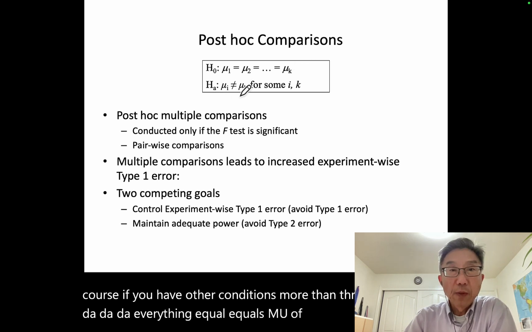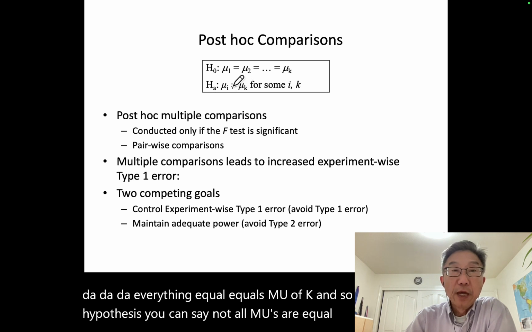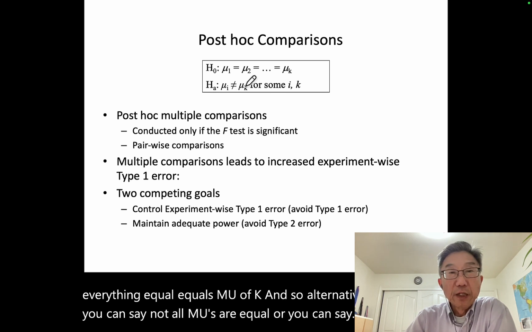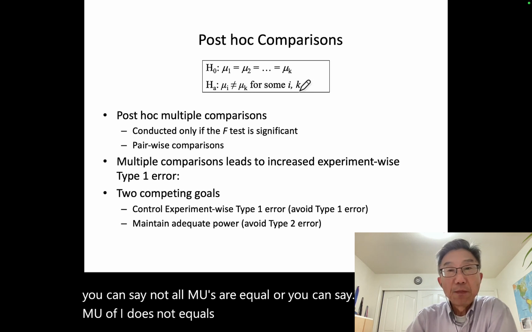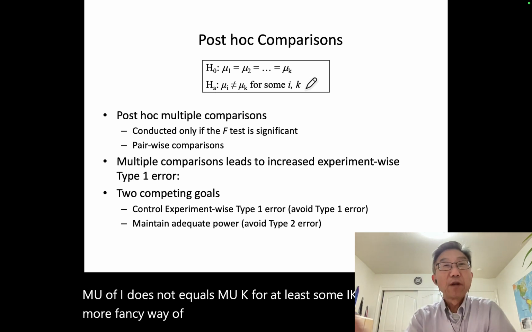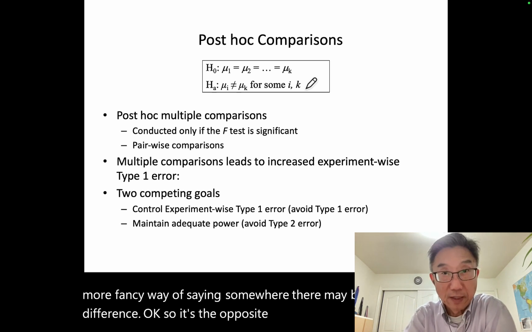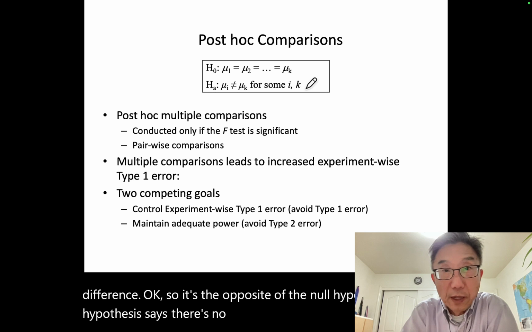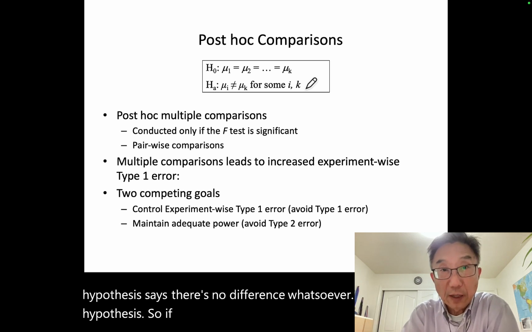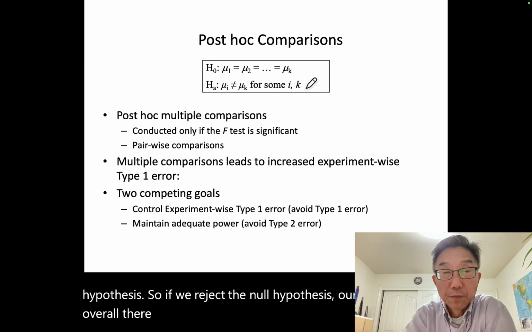For the alternative hypothesis, you can say not all mu's are equal, or you can say mu of i does not equal mu of k for at least some i and k, which is just a fancier way of saying somewhere there may be some difference. So it's the opposite of the null hypothesis. The null hypothesis says there's no difference whatsoever.